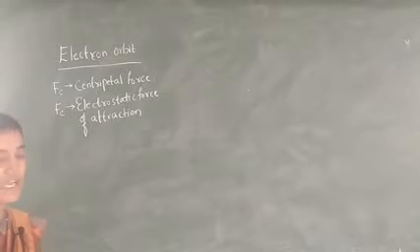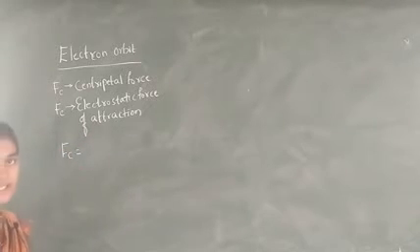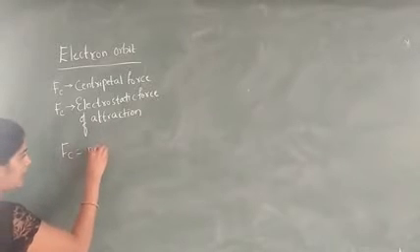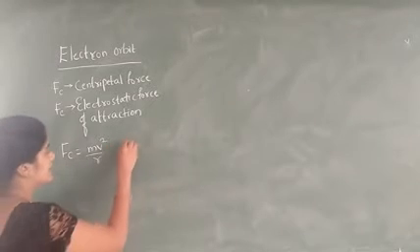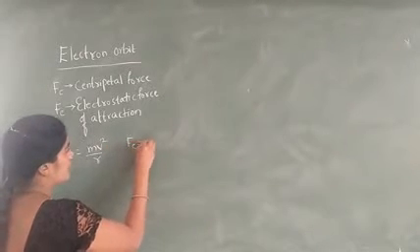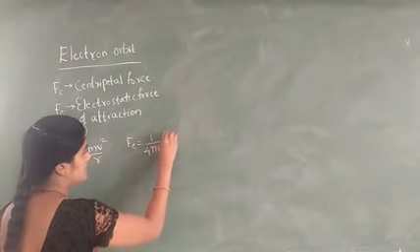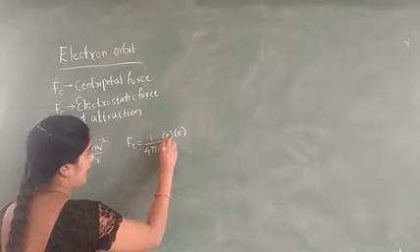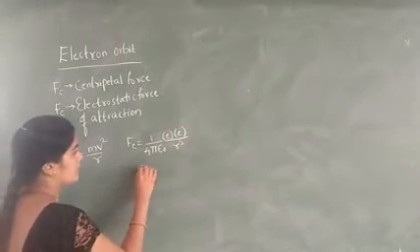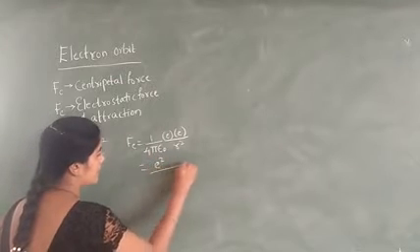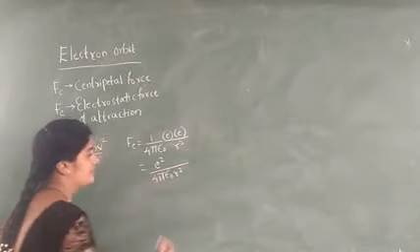Now, the equations we are considering: Fc is equal to mv square by r, and Fe is equal to 1 divided by 4 pi epsilon naught times e times e by r square, or this can also be written in the form of e square by 4 pi epsilon naught r square.